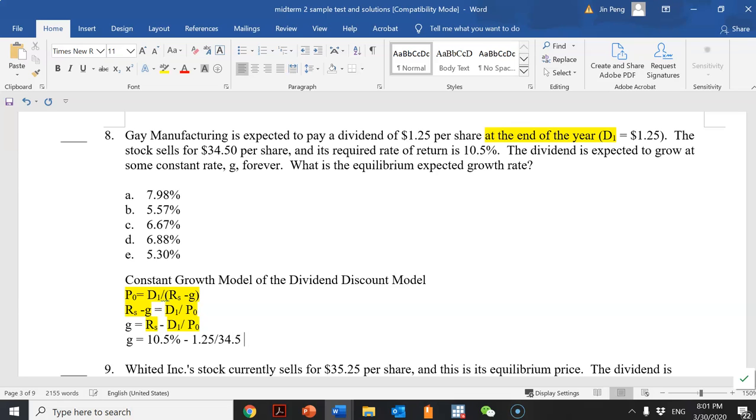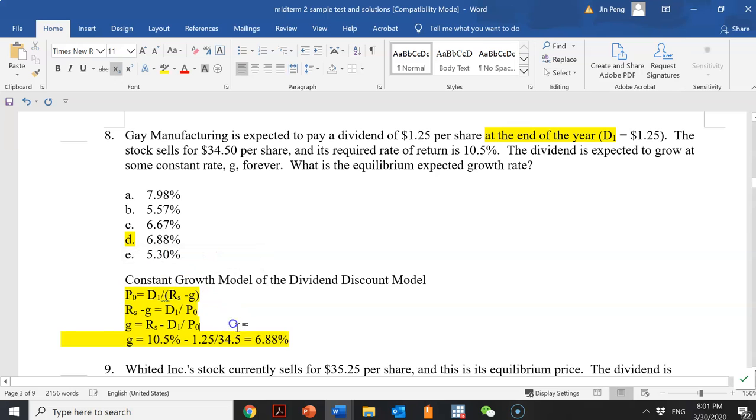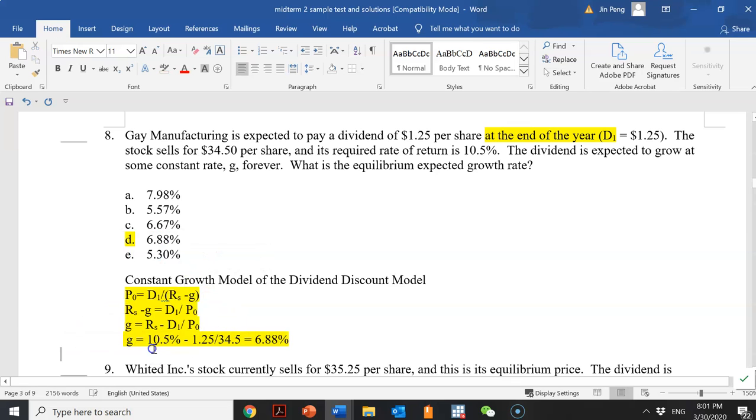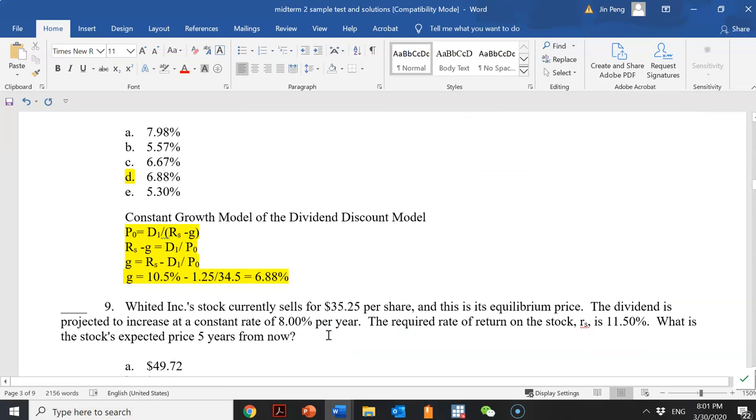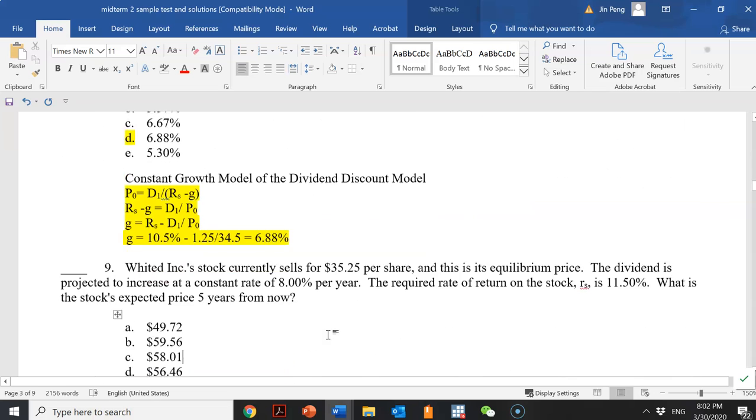This should give us a constant growth rate of 6.88%. So we should choose D. Okay, this is question 8.